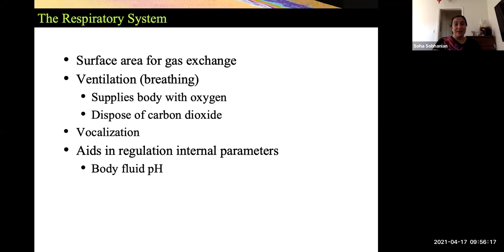One of the main reasons for that is that hypo or hyperventilation can lead to a significant change in your blood pH, and as a result can cause significant changes internally. And if it's not controlled, it can lead to coma and eventual death.